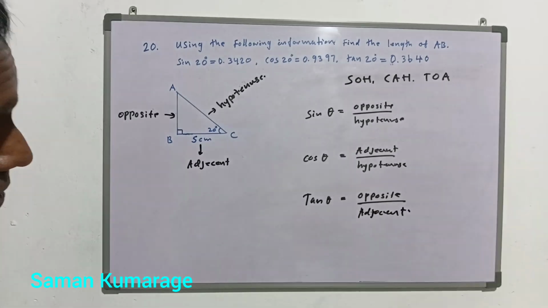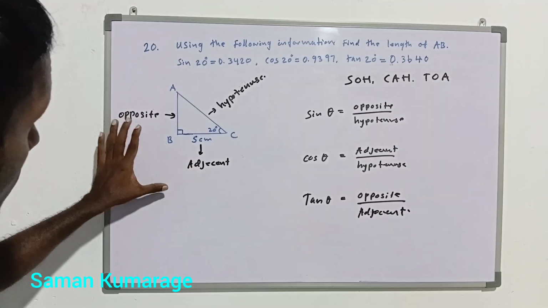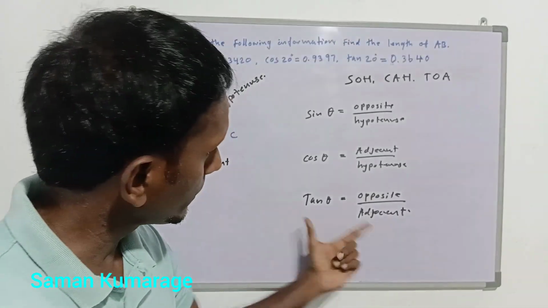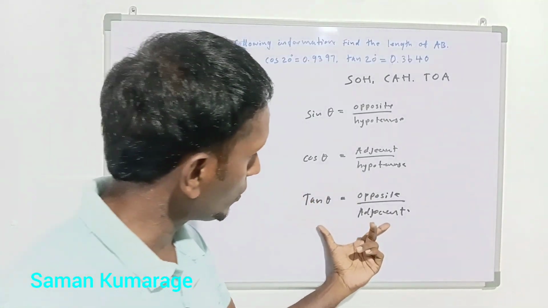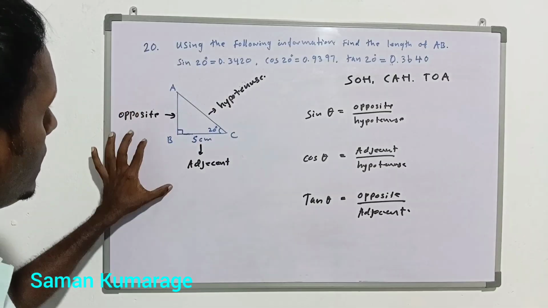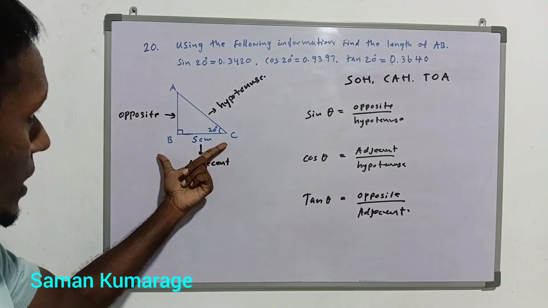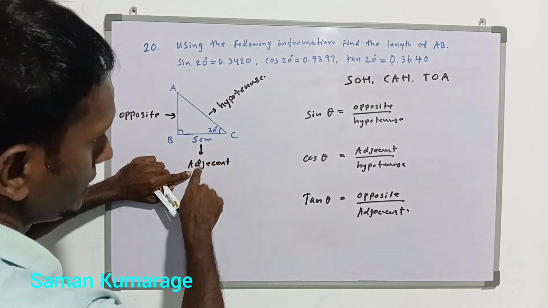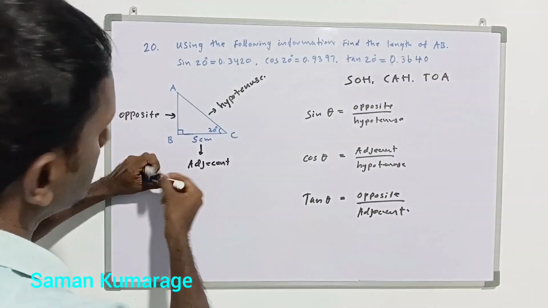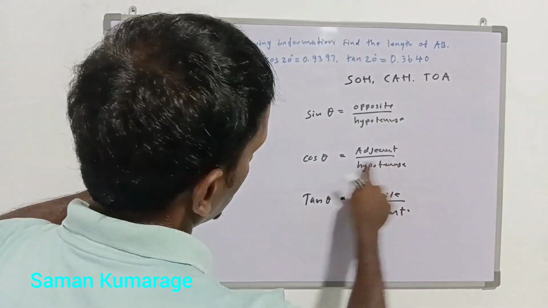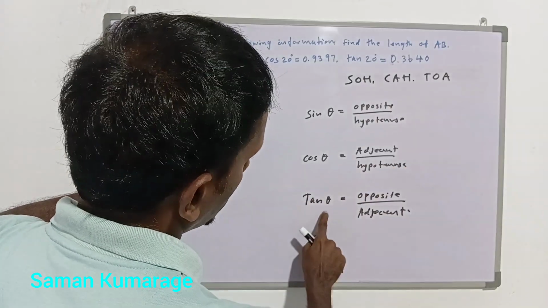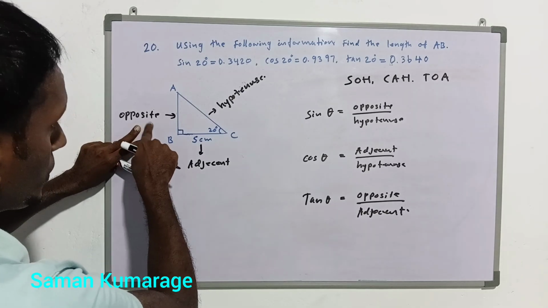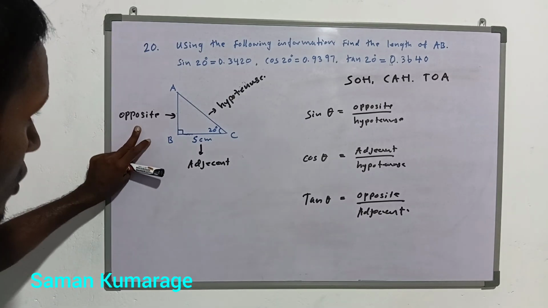Now let's see which ratio is compatible with the given values of this diagram. The adjacent is given as 5 cm. The adjacent side is there in both the cos ratio and the tan ratio, and the opposite is the side we need to find the length of.